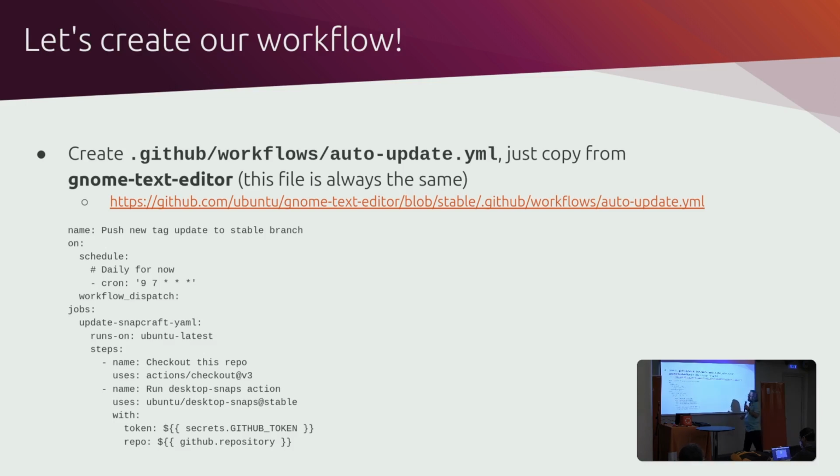You can also do it from this URL. You can also download this URL simply. And you will put it into your snapping repository, so the Snapcraft example, into .github workflows. This is the first part of what you have to do.